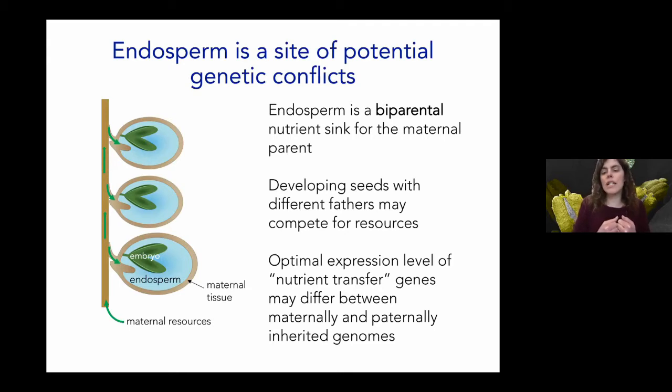One idea is that because the endosperm has maternal and paternal genomes, those 2 genomes may have different optimal expression levels of genes that are involved in the nutrient transfer from the maternal tissue into the seed. Because of that potential genetic conflict, we think this epigenetic phenomenon called gene imprinting evolved.